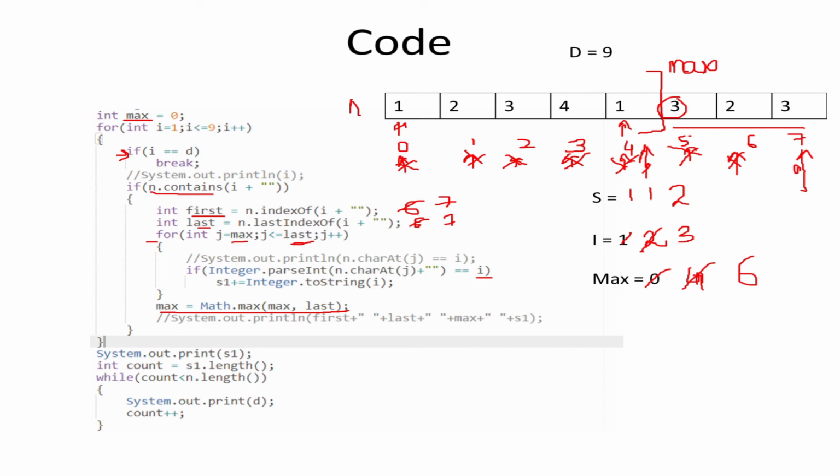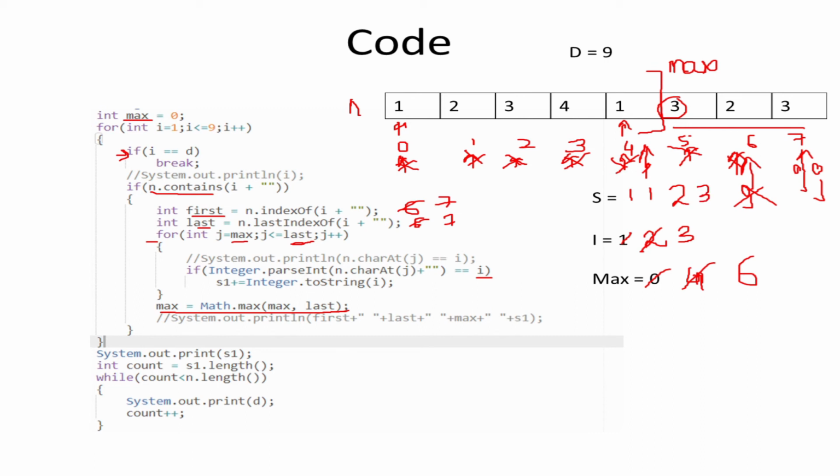Now the value of j will start from 6 and go till 7. It will be pointing here. Is this value equal to 3? No, it's not, so we move ahead. Is this value equal to 3? Yes, it is. So the value of s becomes 1, 1, 2, 3.